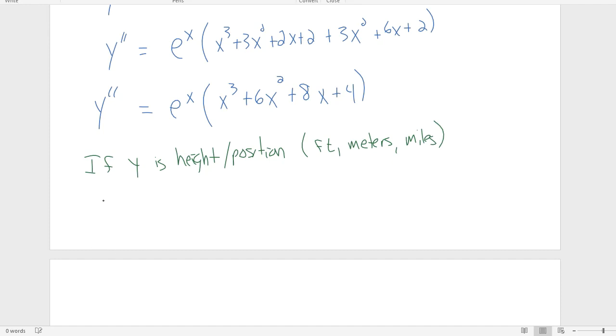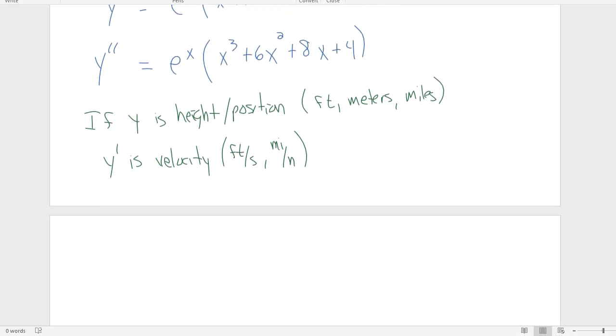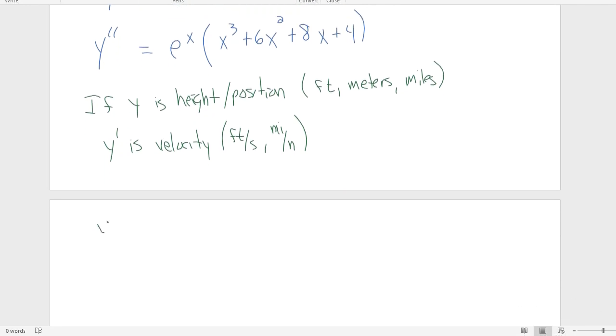Then y prime is velocity. And those units would typically be something like feet per second, miles per hour, stuff like that. And then y double prime would be acceleration.